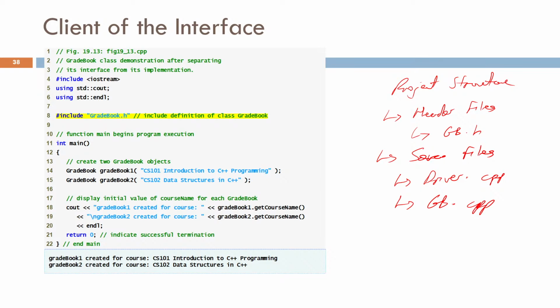Right, any further questions? Nice, glad you got it. Yes, GB just CPP is the implementation file. I'm just writing GB because it's short for gradebook.cpp.